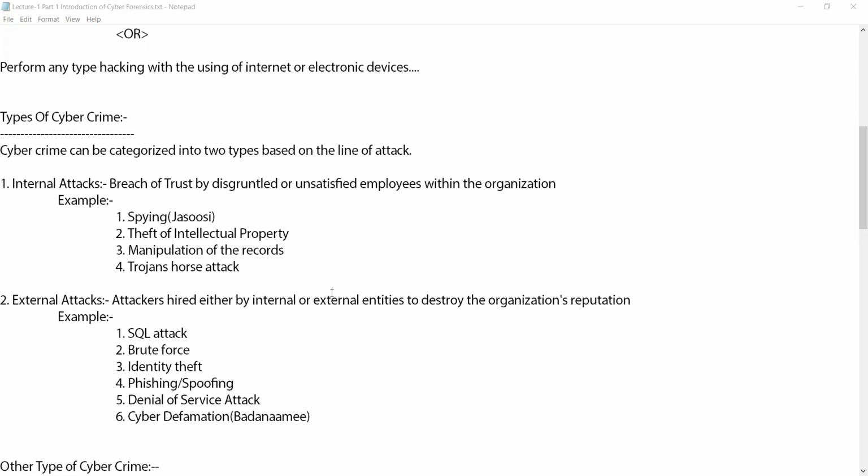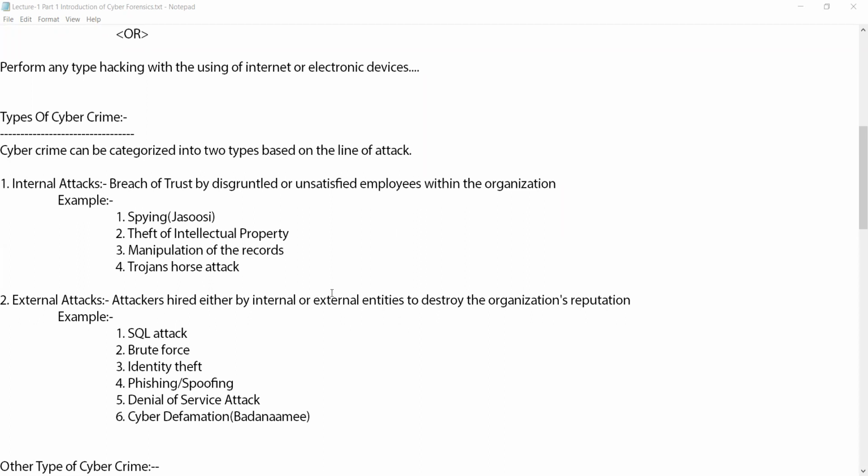There are some examples of internal attacks. The first one is spying, and then there is quality. The third one is manipulation of records: if records are available in a network or in an organization, sometimes bad employees go and manipulate the records.